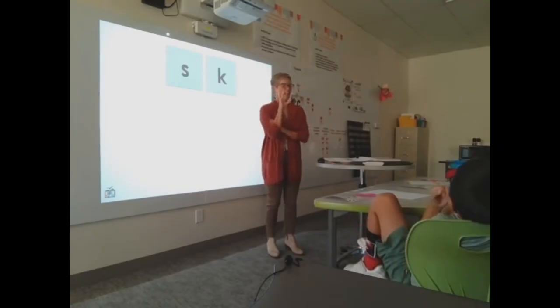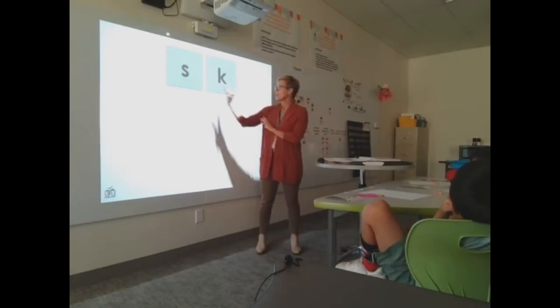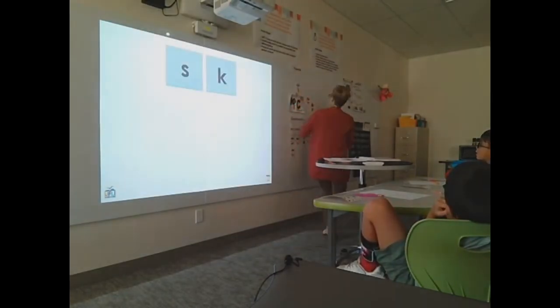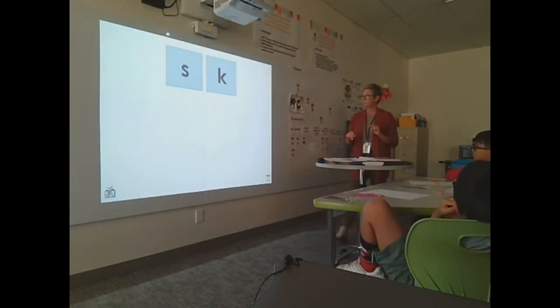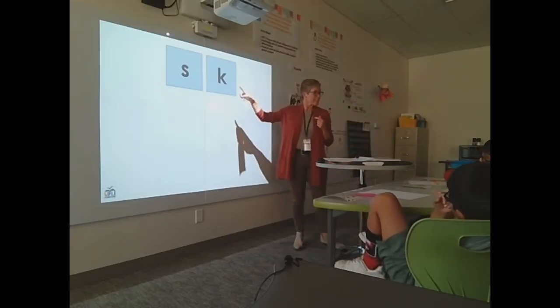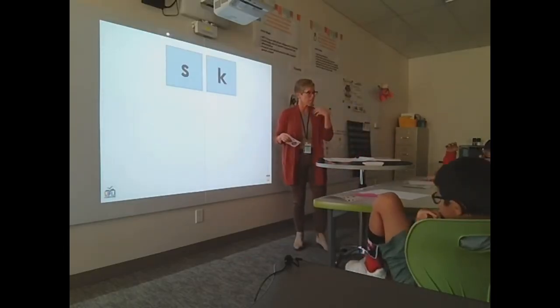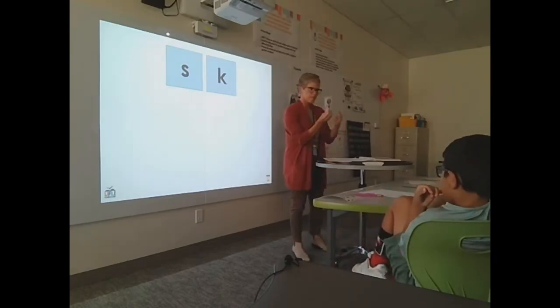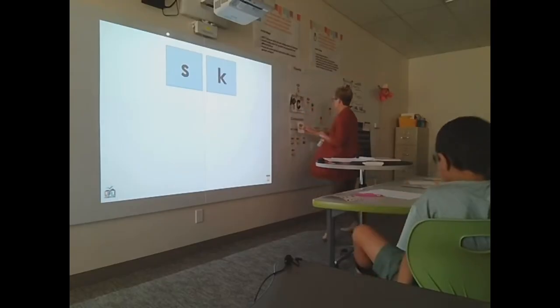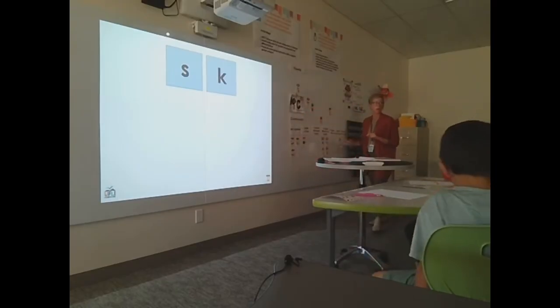Say that with me. Consonant cluster. These two are consonants, they're not vowels. One thing that we didn't talk about was making the sound that K does in our mouth. Let's make it real quick to figure out where this sound K is going to go on our sound wall.